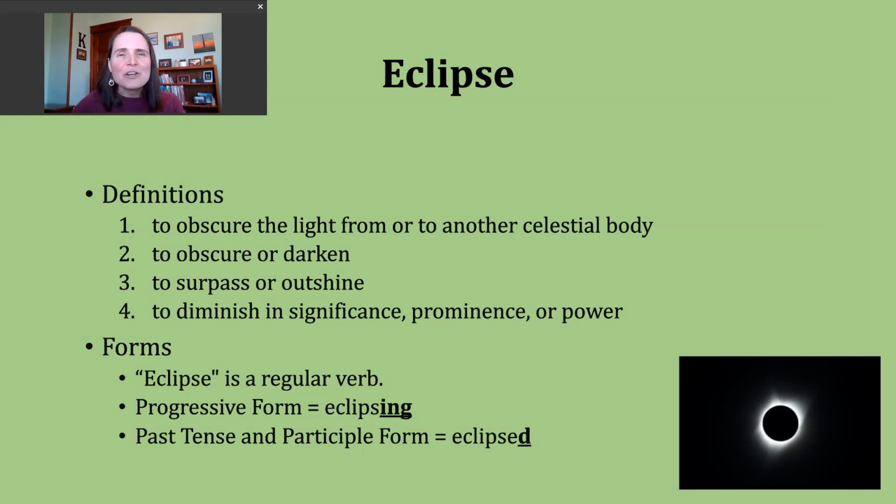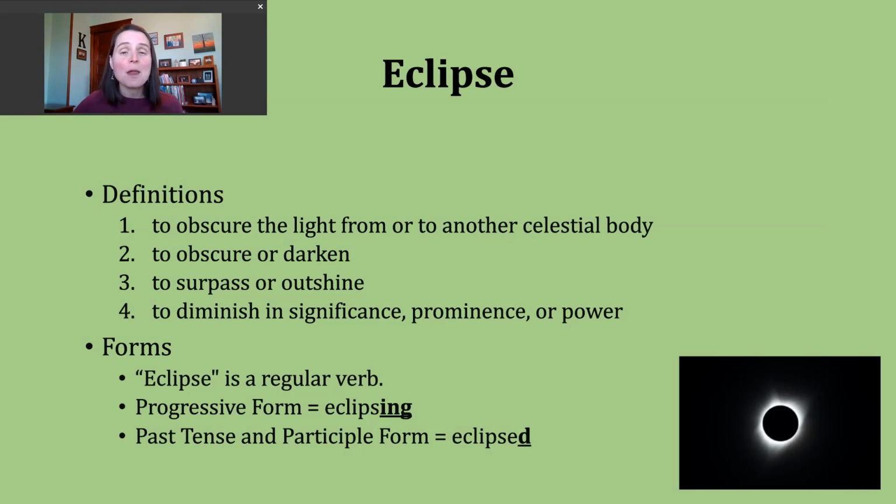Now, what we should all remember or know is that eclipse is a regular verb. To make the progressive form of this verb, you're going to drop the E on the end and then add ing. That forms eclipsing.